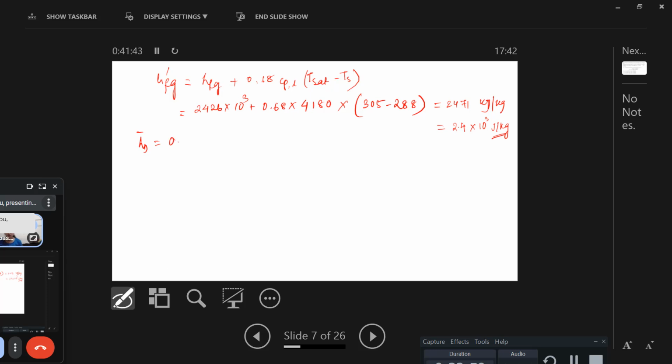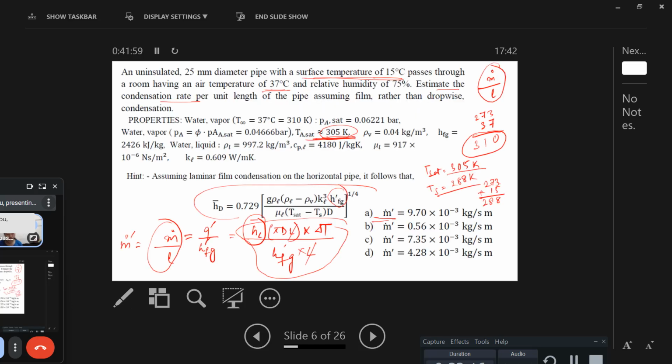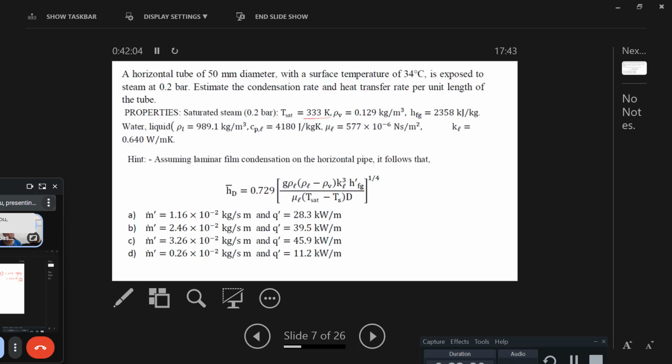So it is 0.729 into g, which is 9.8, into rho L. They must have given rho L, 997.2.